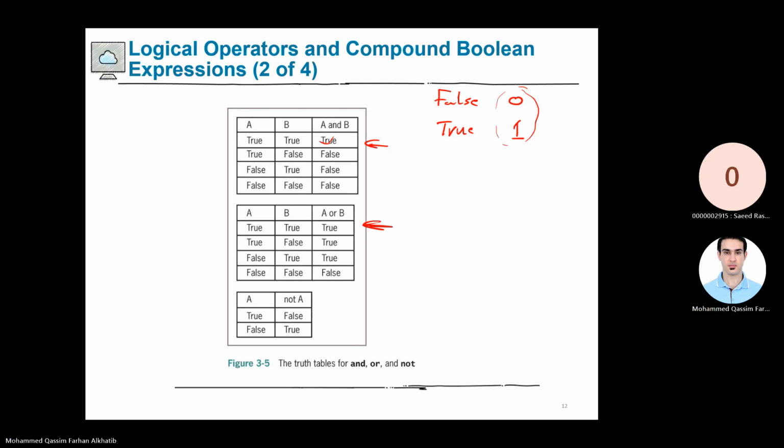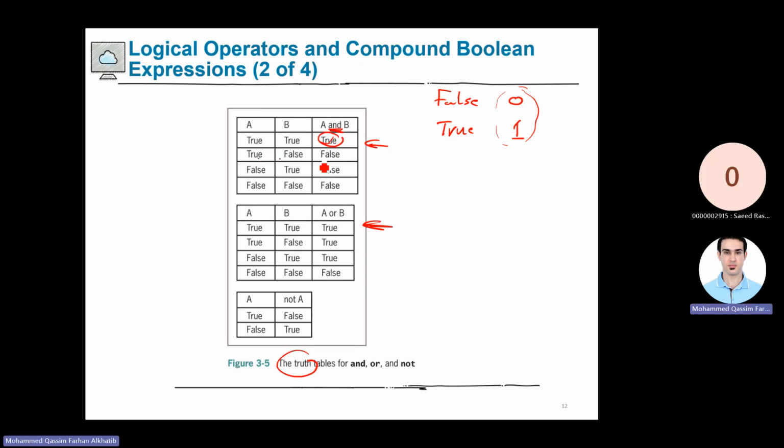All right. So in the truth table, which is written here, in the AND scenario, you can consider AND as multiplication. Do not always do that, just for simplicity. For simplicity, anything you multiply with 0 is 0. So anything ANDed with false is false. So true and true, you'll get true.